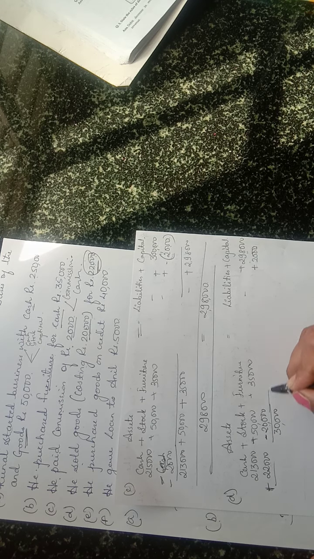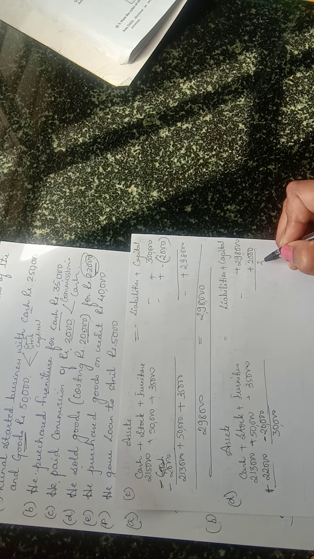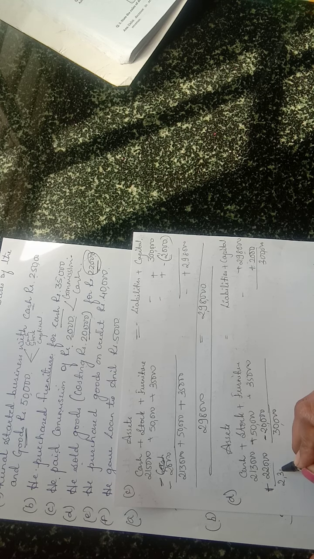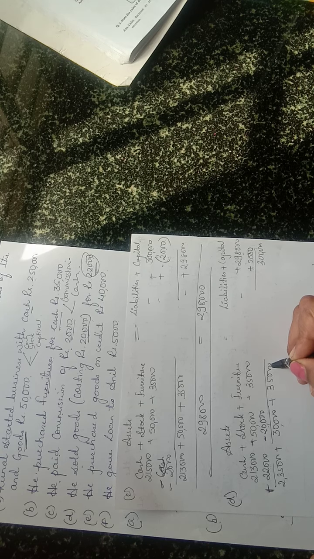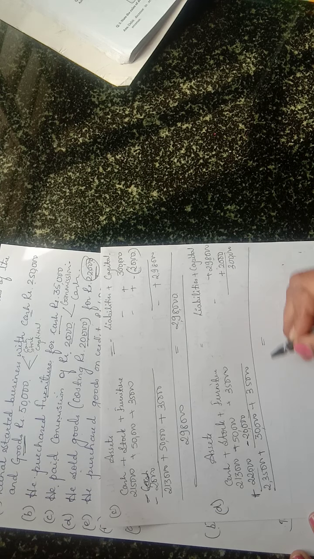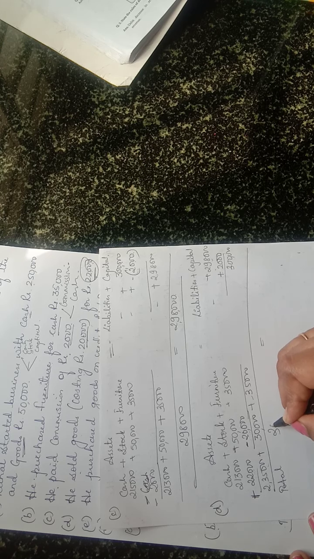So aggregate: 2,98,000 plus 2,000 is 3 lakhs. Here 2 lakh 13,000 plus 22,000 is 2 lakh 35,000, right? And furniture 35,000. So 2 lakh 35,000 plus 30,000 plus 35,000, your total of this is 3 lakhs.